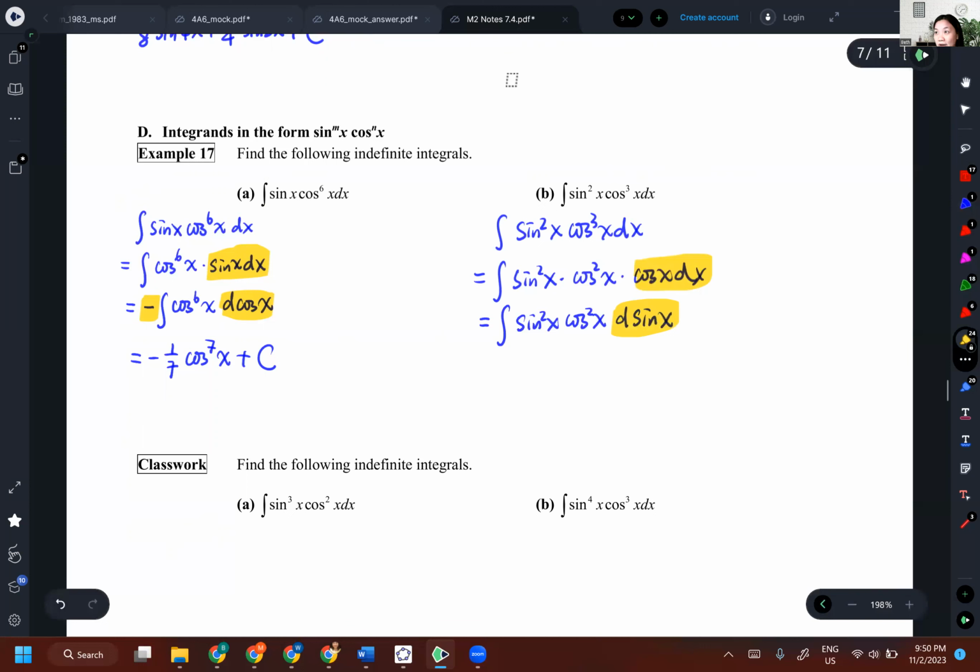Okay. Now the odd power will be used, leaving you with the even power. Now you have even power outside and the odd is changed. Now I can begin my sine x squared times 1 minus sine squared.